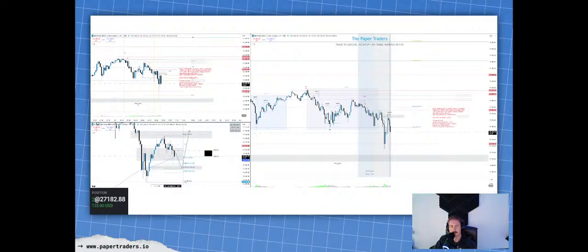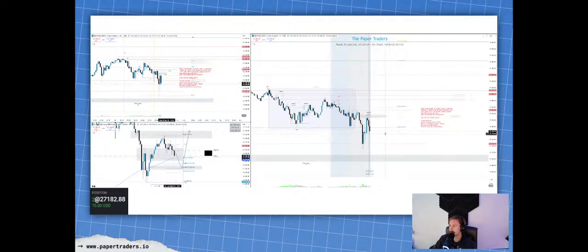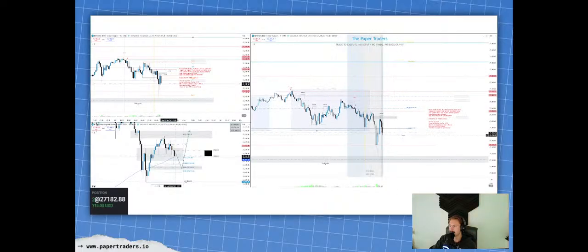Just have to love that 5-minute candle. Let's see what they do with this thing. As long as we remain within the range of this 5-minute, it should be decent. This could give us a rising 3 into the upside here.